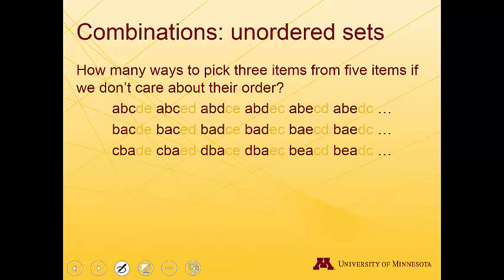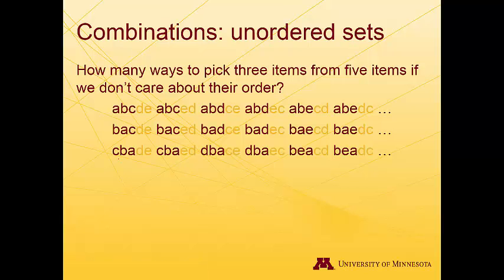Last, combinations. Maybe we're just grabbing 3 items out of 5 and we don't care about their order. Once again, I started this list of 120 arrangements of 5 items, but I didn't want to put it all there. We're throwing away 2 items. We know we need to divide out by 2 factorial.